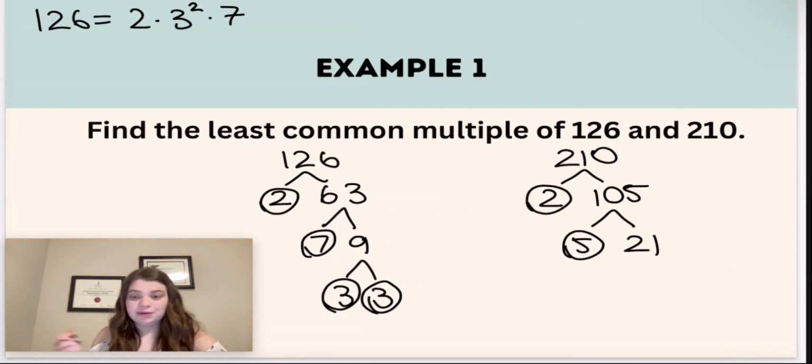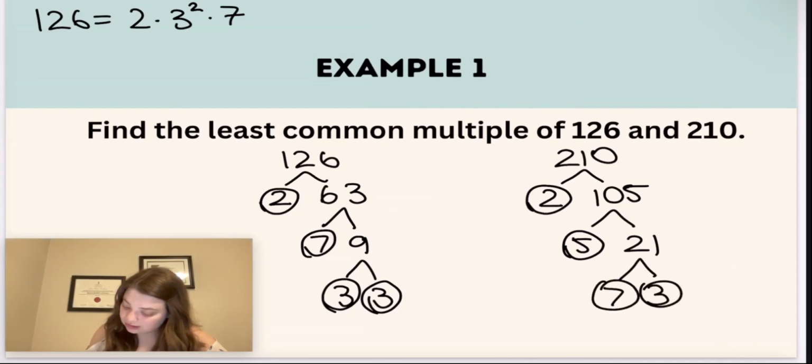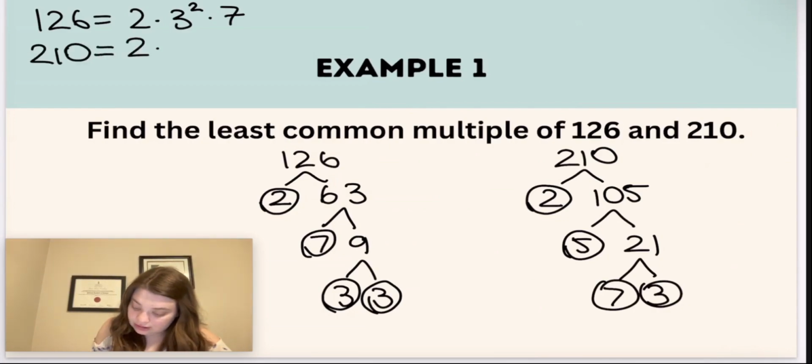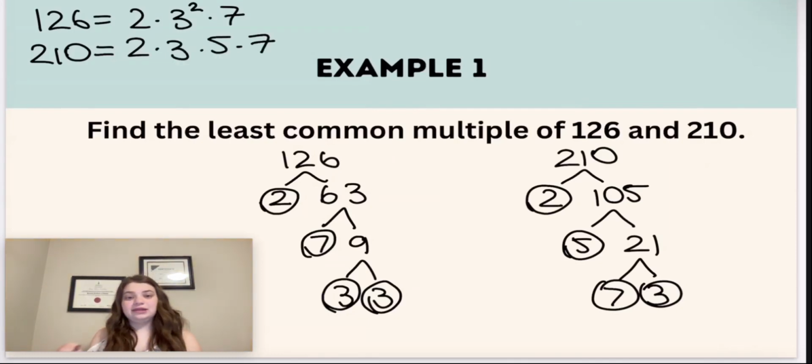And then 21 can be broken down into 7 times 3. So therefore, 210 is equal to 2 times 3 times 5 times 7. And I prefer to write the factors in order here, just because that way it's easier later and not to miss anything by mistake.